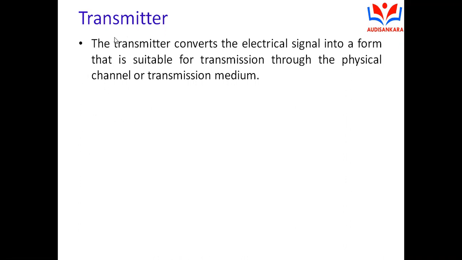Then the second point in the transmitter: not all types of signals have the capability to be transmitted over the channel. Based on what type of channel we have arranged between the transmitter and receiver, we convert the input signal into a form suitable to transmit over the transmission medium.